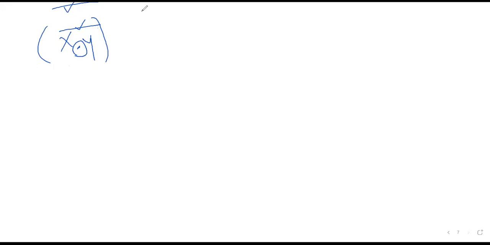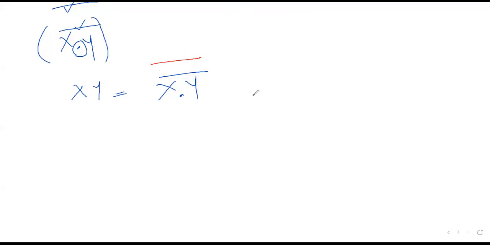How do we go from, we came from XY and we said it's the same as XY bar bar. We have a NAND already with this. What if I remove this? I only deal with the blue part.